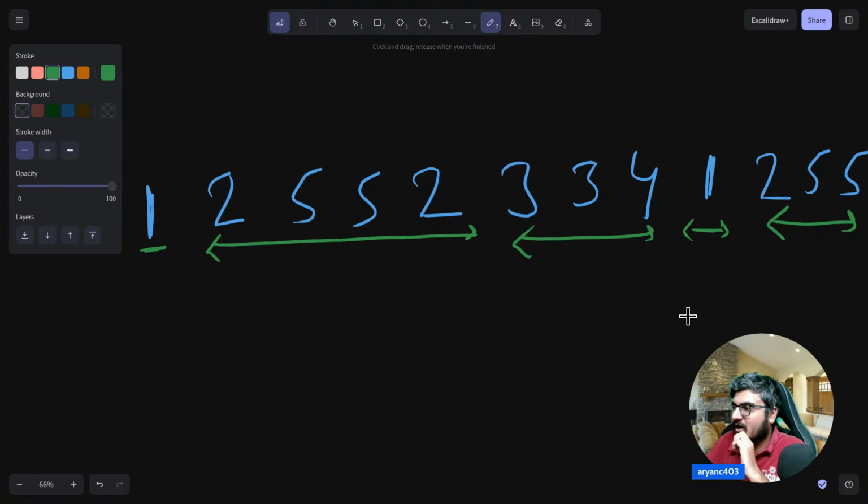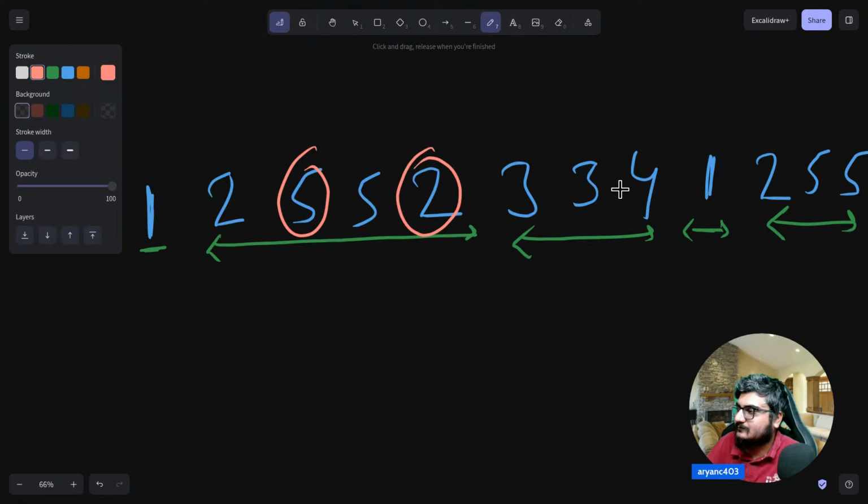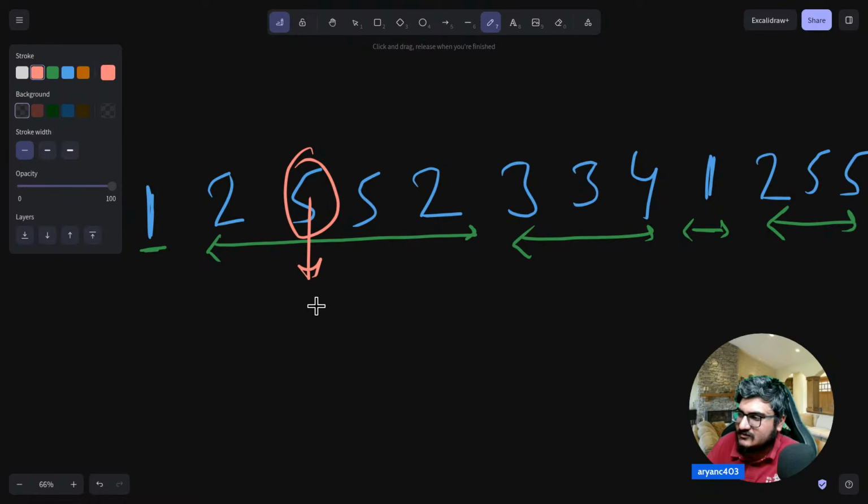Now in this sequence, the main idea is you can change every second element to your favorite number to get a die roll sequence. Let's say we can change this. For example, we can change this to one element which is not equal to 2 and 5, which is 1, and the problem would be good.